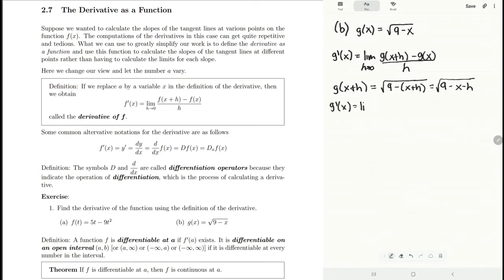So now we can calculate the limit. So we have the limit as h goes to 0 of the square root of 9 minus x minus h minus g of x, which is the square root of 9 minus x, all divided by h.